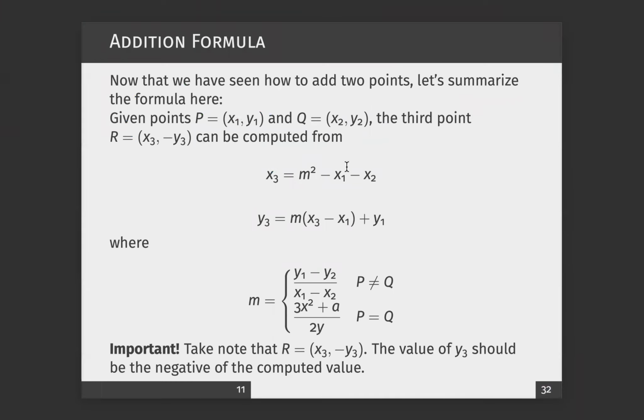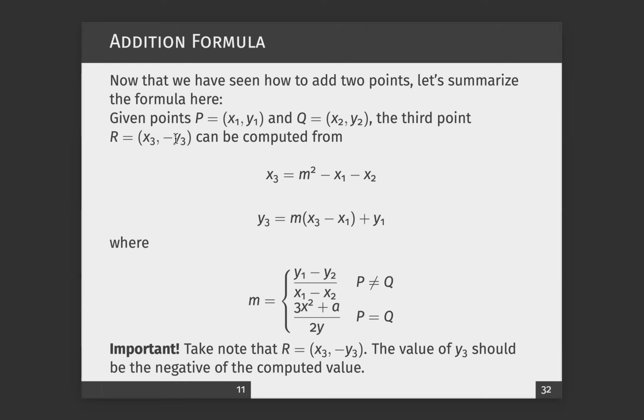So now that we have seen how to add two points, given two points P and Q, where P is x1, y1 and Q is x2, y2, the third point is x3 comma negative y3.